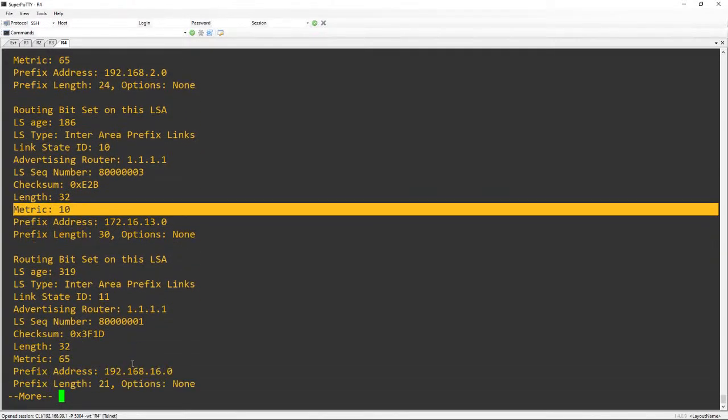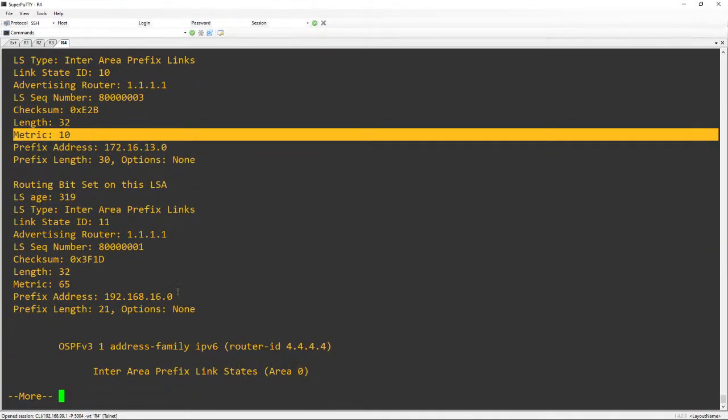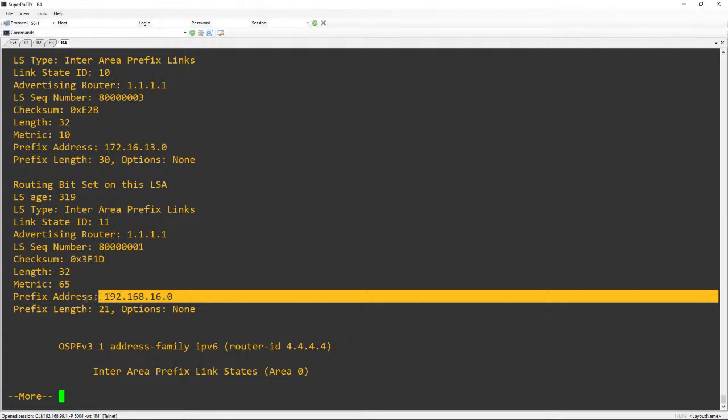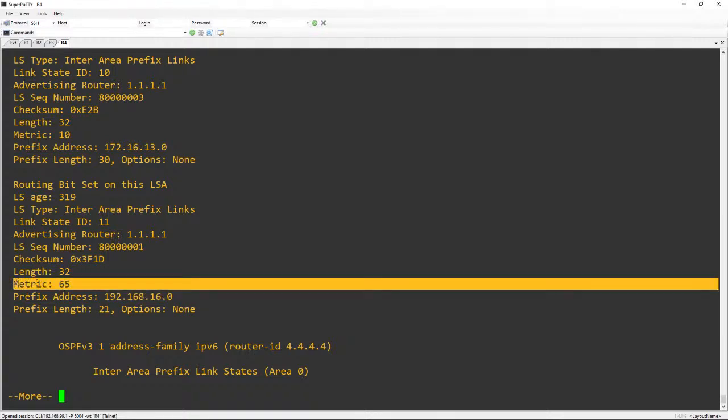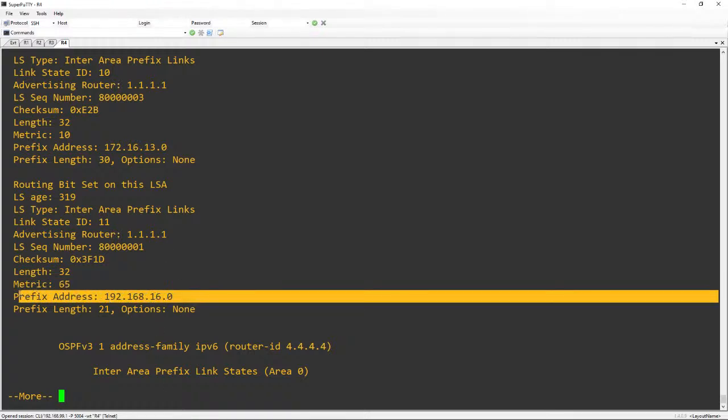And then we see the summary. We should see the summary now. Here's the 16 subnet /21. That has a metric of 65, which is kind of interesting as well, right? Because the summary is describing the loopbacks. Those secondary addresses on our loopback interfaces, that's what the summary is describing.